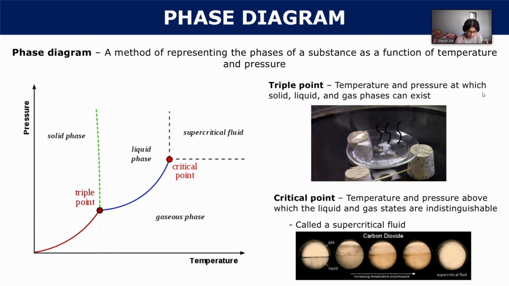So we can see the supercritical fluid of carbon dioxide, and you see you have a liquid and a gas, but as you continue, this substance is indistinguishable. You don't know if it's a liquid or if it's a gas. And so past the temperature and pressure of the critical point, you're going to have supercritical fluids.